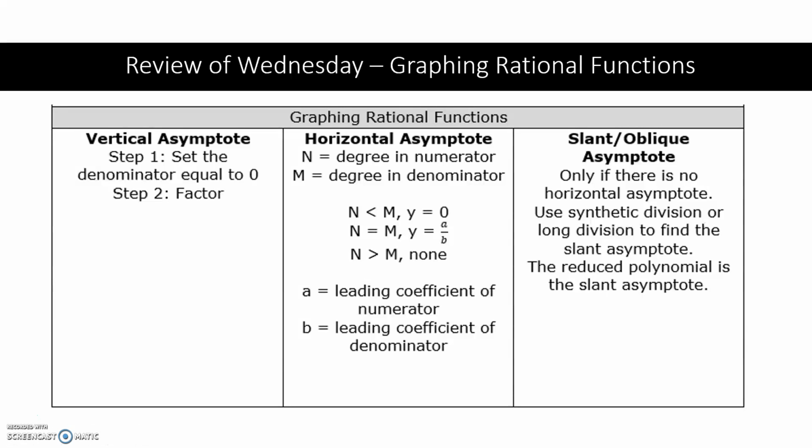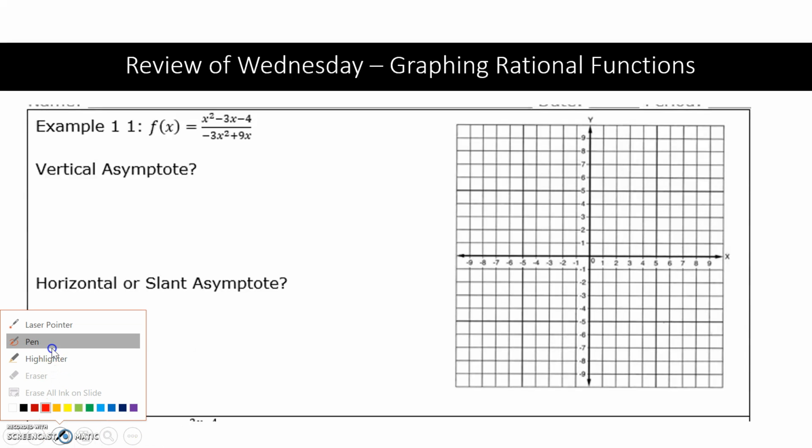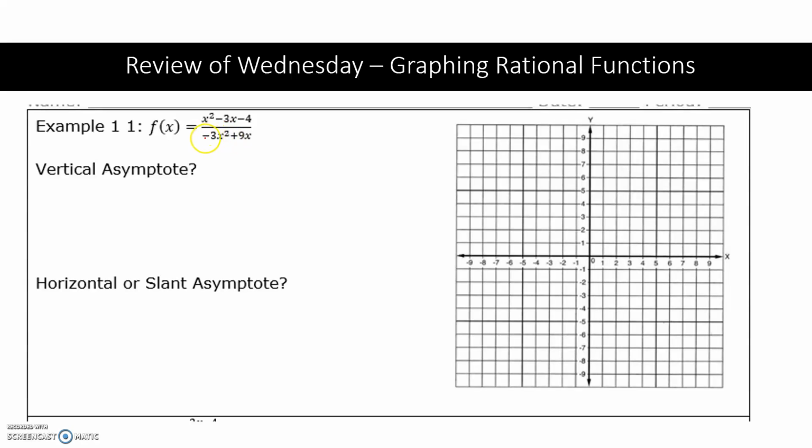So now we kind of know how to graph rational functions. Now we're actually going to look at the examples. So for example number 1, I'm first going to find my vertical asymptote, which means I'm going to set the denominator, negative 3x squared plus 9x, equal to 0.